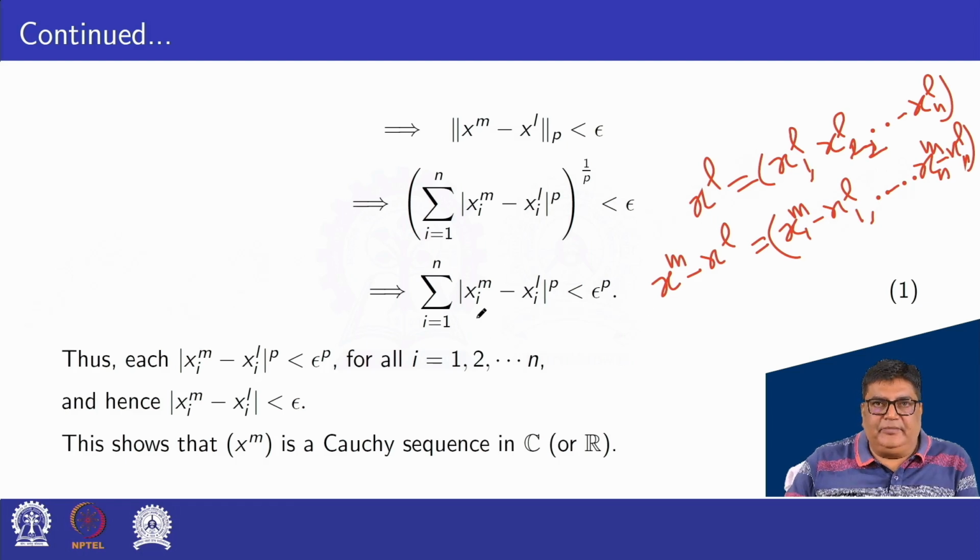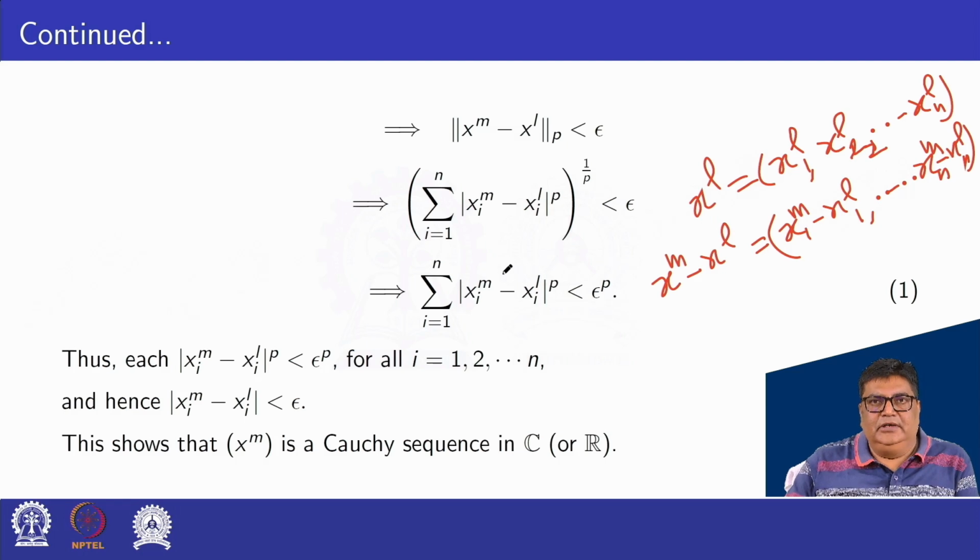This is the summation of modulus terms of xmi minus xli, that is mod xm1 minus xl1 power p plus mod xm2 minus xl2 power p plus and so on, mod xmn minus xln power p, less than epsilon power p.